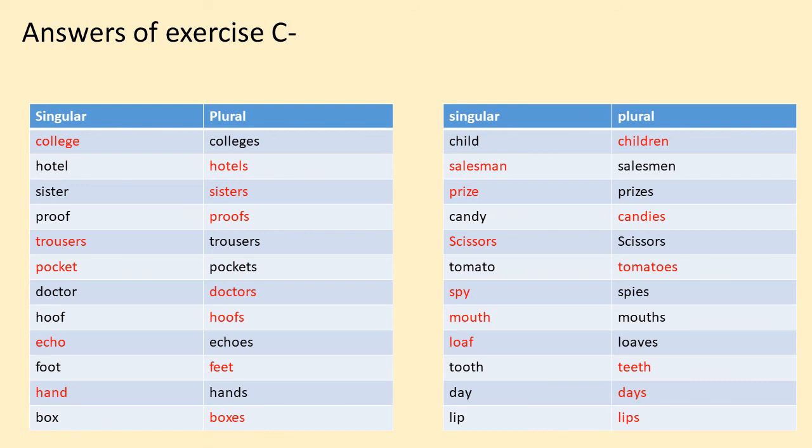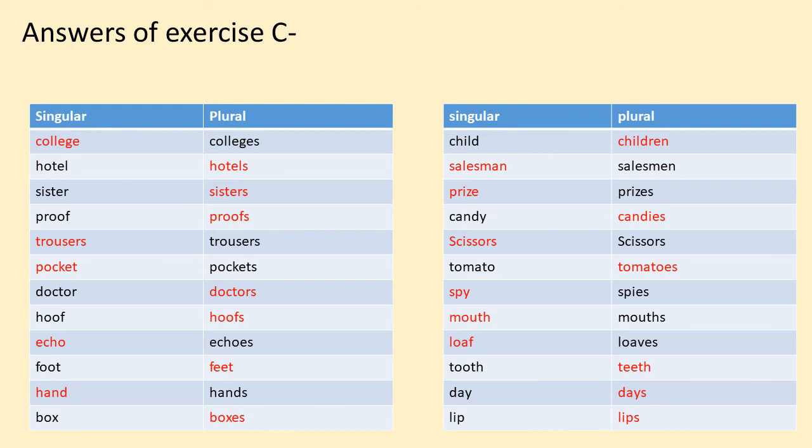Child into children. Salesman. Prize. Candies. Y is changed into IES. Then again the same word is to be written because singular and plural of scissors remain the same.